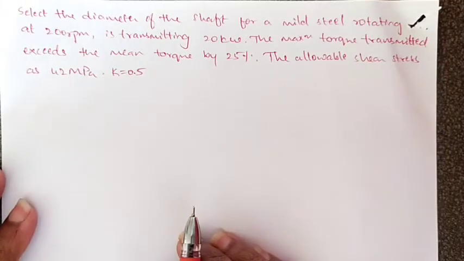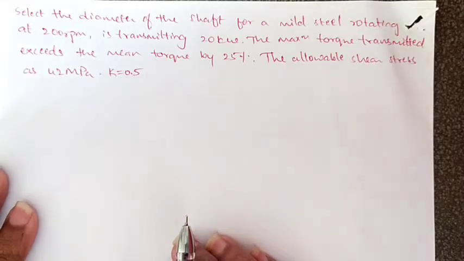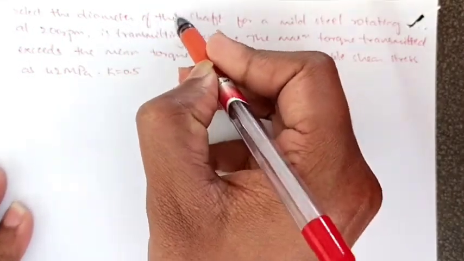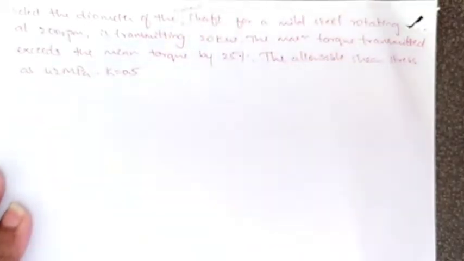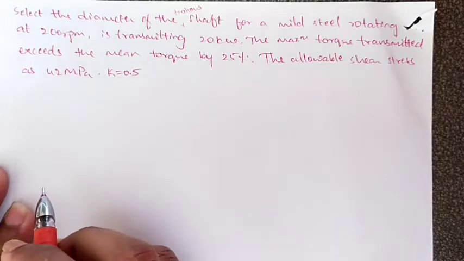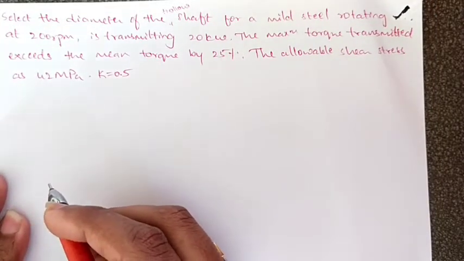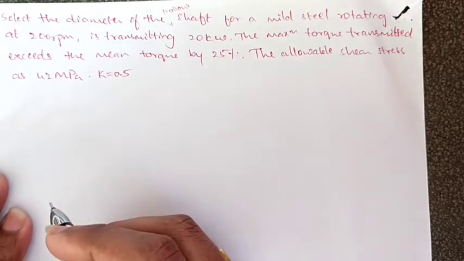Select the diameter of a hollow shaft for a mild steel rotating at 200 rpm, transmitting 20 kilowatt, that is the power.